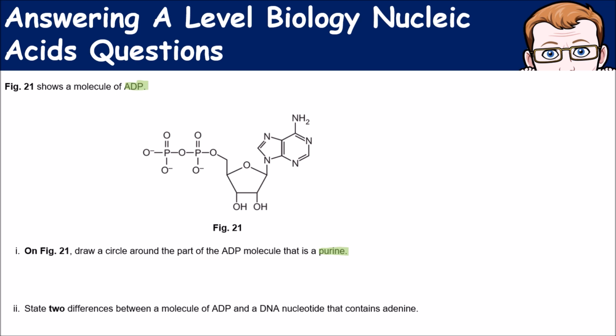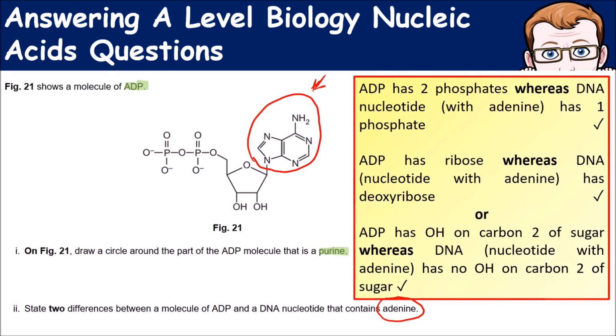If we were drawing a ring around the part that's purine, it's going to be the nitrogenous base pair. The second part is to state 2 differences between a molecule of ADP and a molecule of DNA nucleotide that contains adenine. The key bit there is the adenine part, because the adenine is what's going to make that nucleotide.